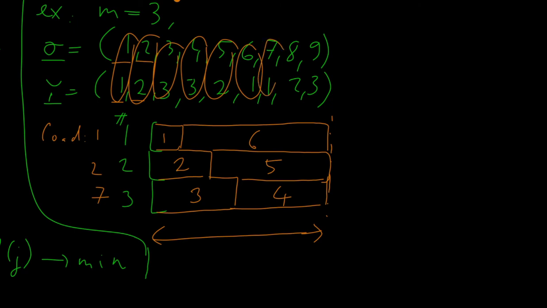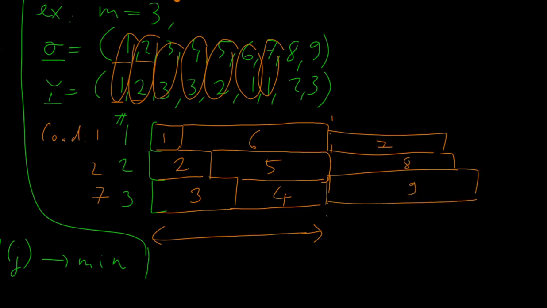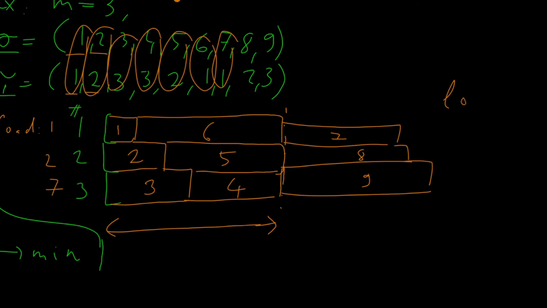Then we will have 7 put on the first machine, 8 on the second machine, and 9 on the third machine. So at the end, the loads are 14, 15 and 16, and the makespan is 16 in this case.